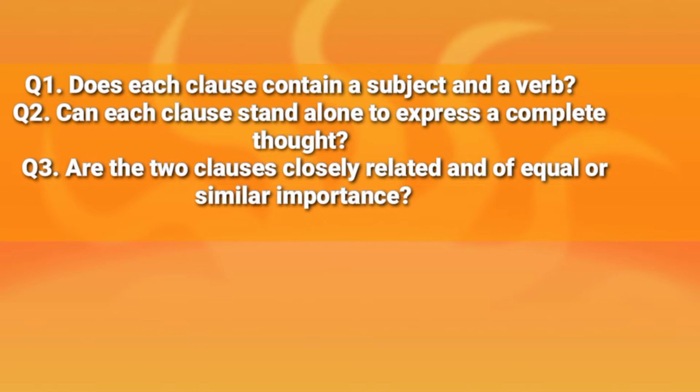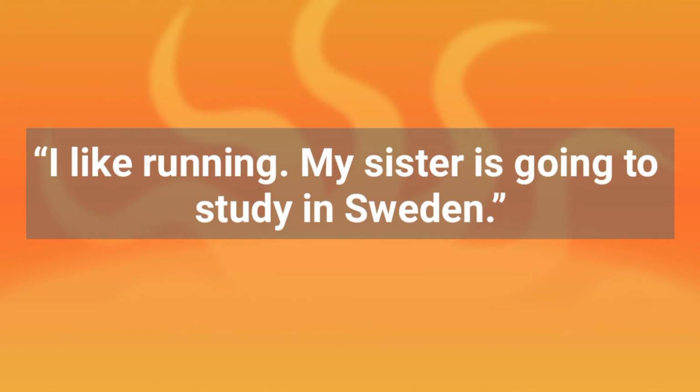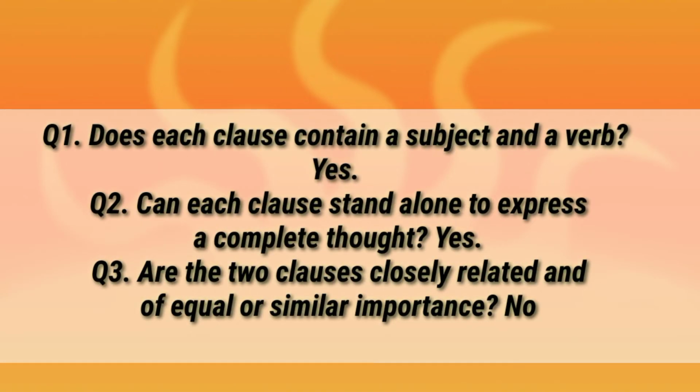Let's apply the three questions to an example. The example is, I like running. My sister is going to study in Sweden. Now, does each clause contain a subject and a verb? Yes. Can each clause stand alone to express a complete thought?